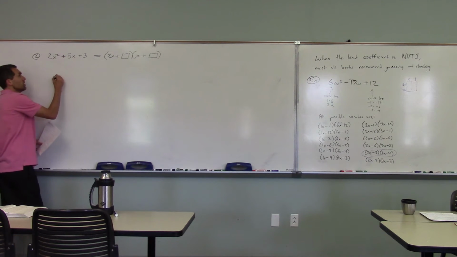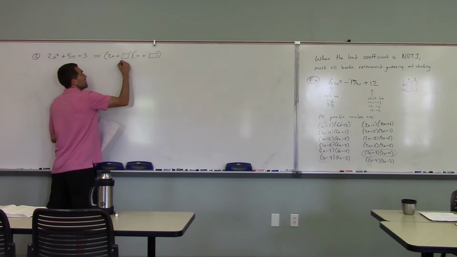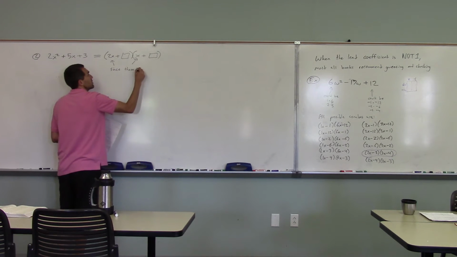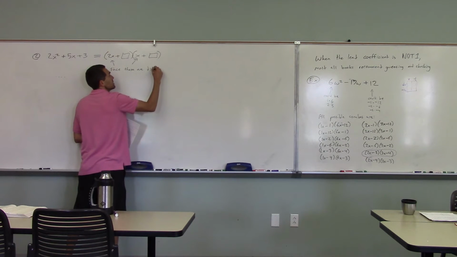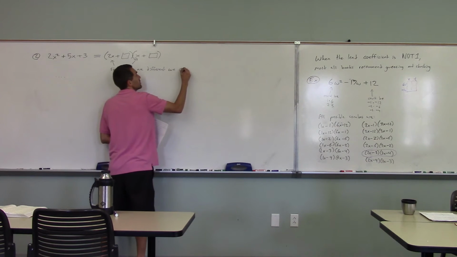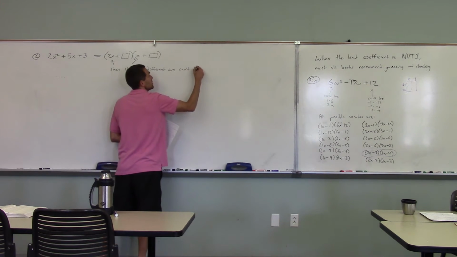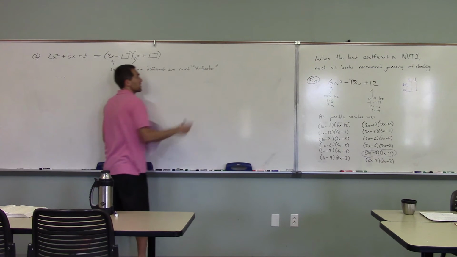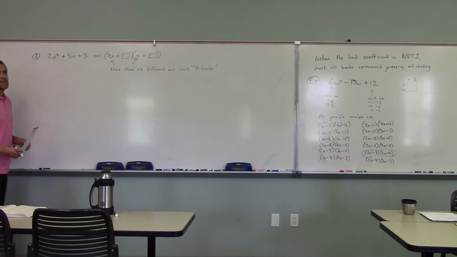So what we do, since these two are different right now, we can't use our x factor method, which we love, right? So what we're going to do is make them the same.